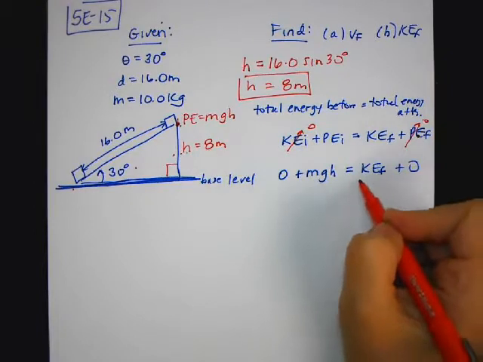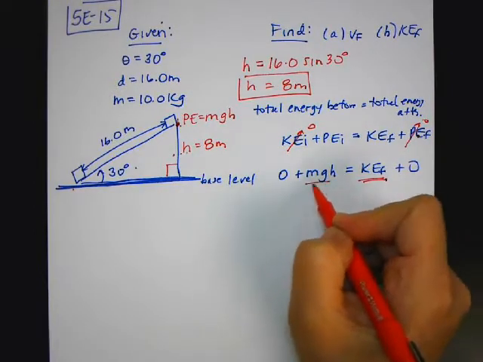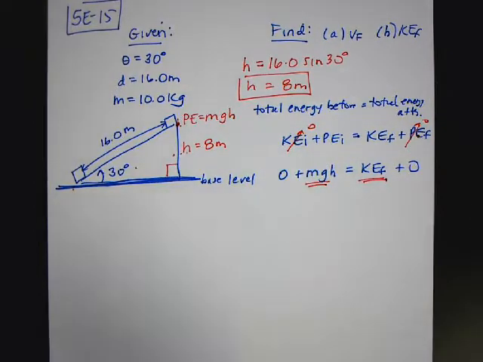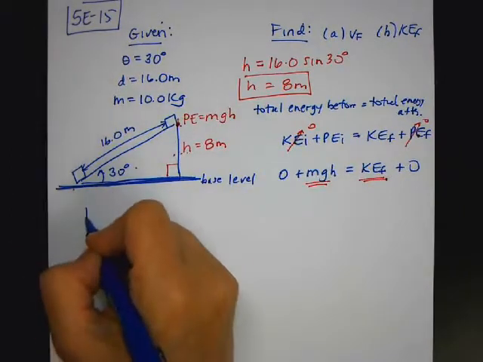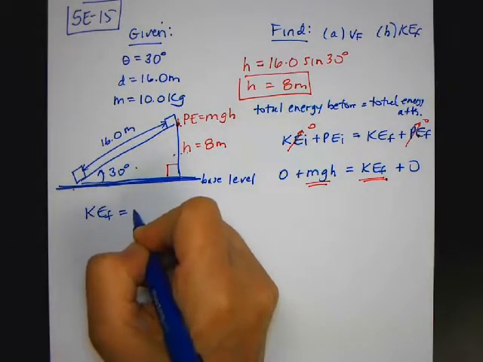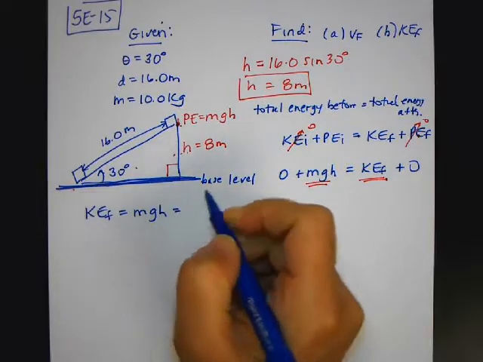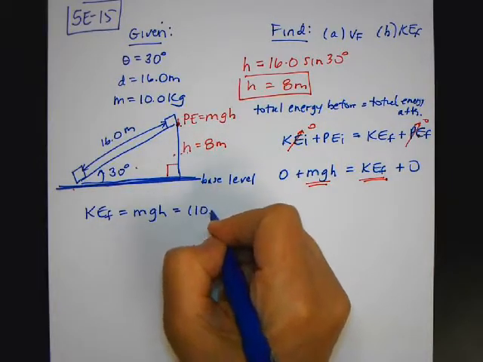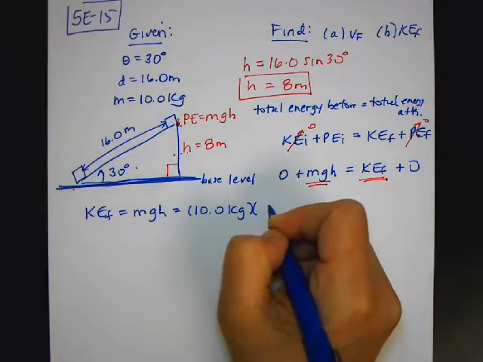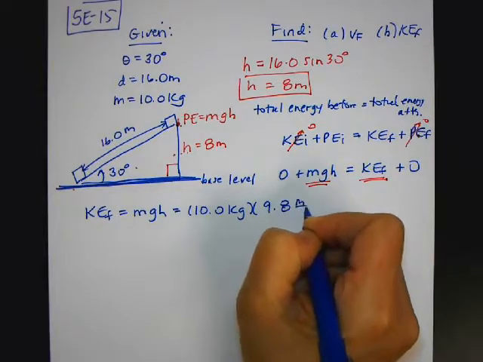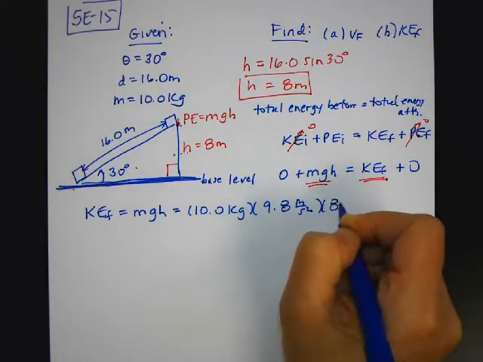So the kinetic energy at the bottom is equal to the potential energy at the top. So now I'll go ahead and substitute in that KEF is mgh, so it's equal to 10 kilograms times 9.8 meters per second squared times 8 meters.